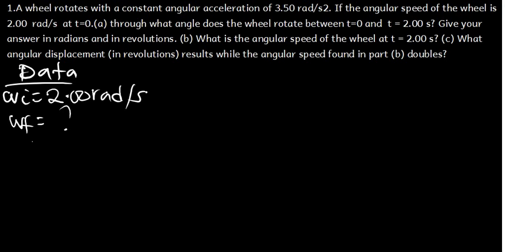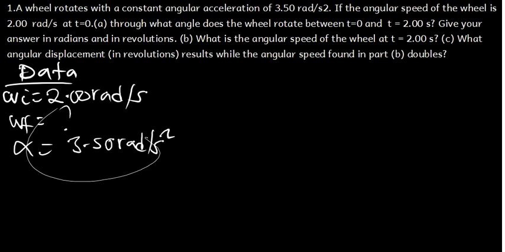We also know the angular acceleration to be 3.50 rad per second squared. These are the only things which we know for now. We also know the time: t was equal to 0, and we also have the time when it was 2 seconds. Now, the first question is we need to find the angle, which is theta. Using the relationship which we have just talked about, we can see that this formula can work.